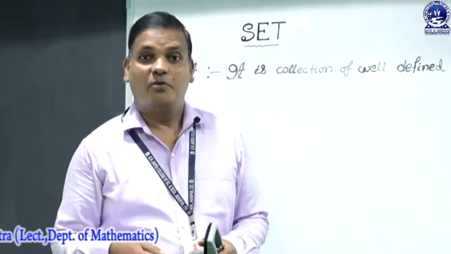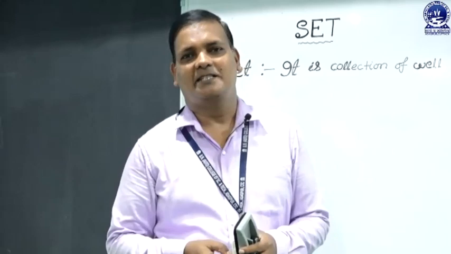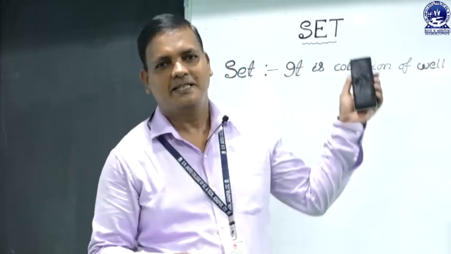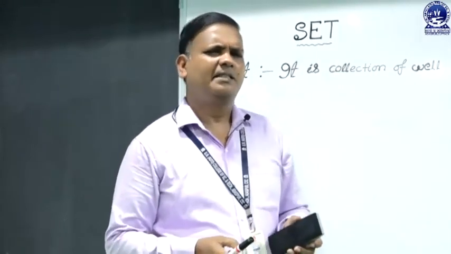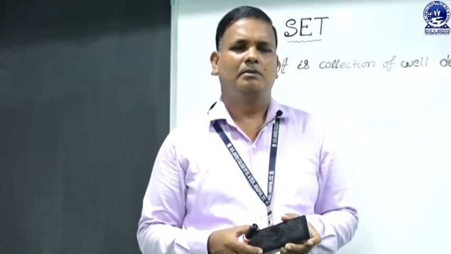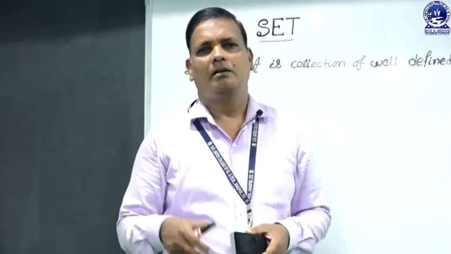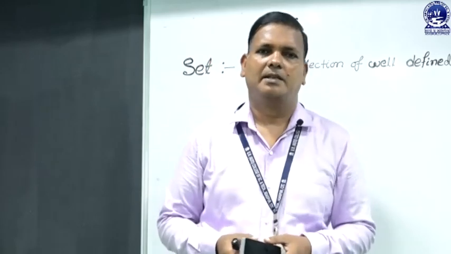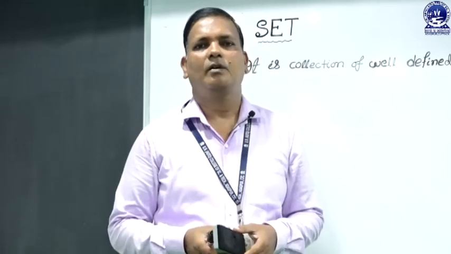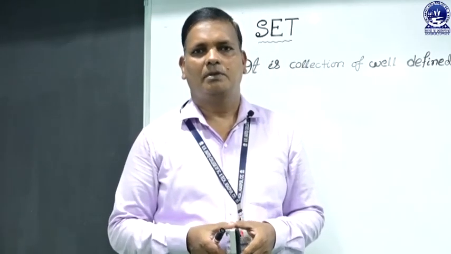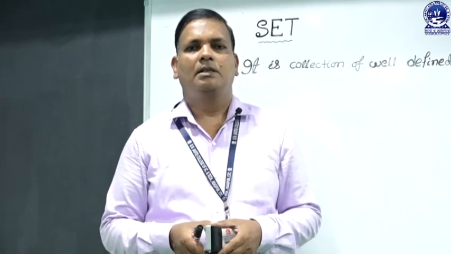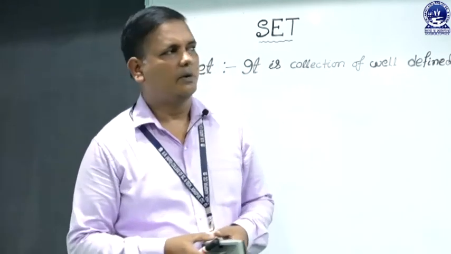Today we are going to discuss an interesting chapter that is called set. Set is common to any courses, just like algebra, also in plus 2 elements of mathematics. Now we are going to discuss about set.